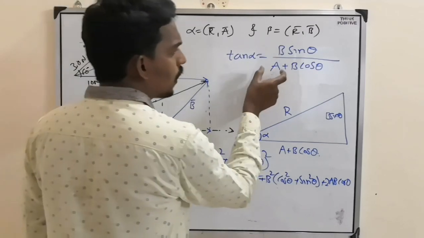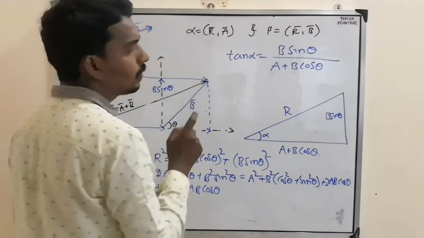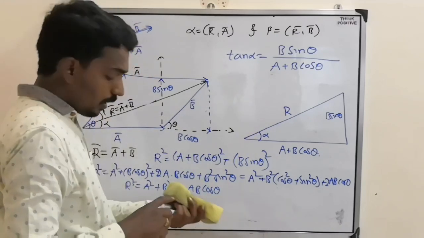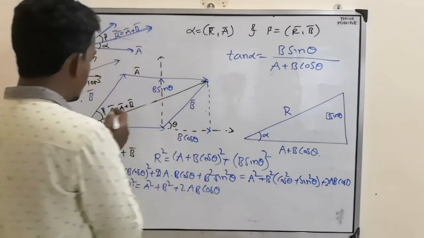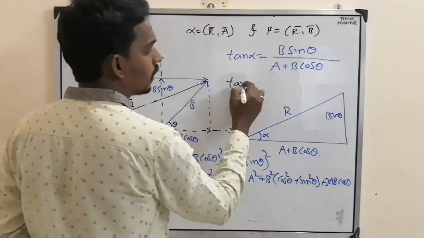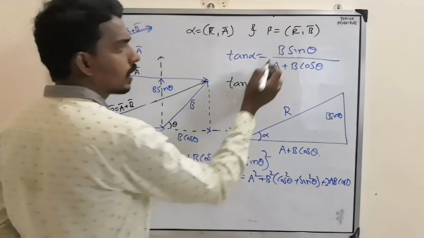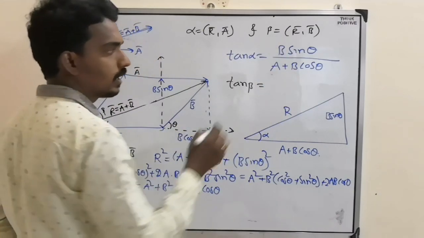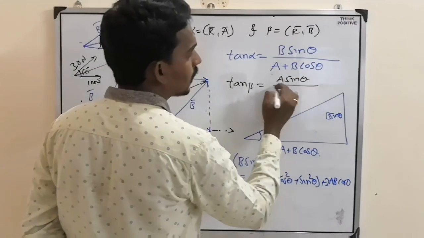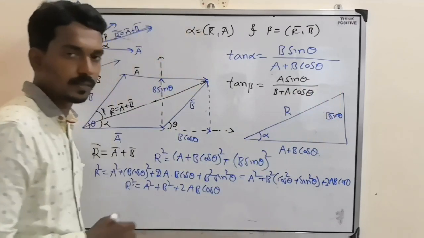So when you want to use this formula, you should understand that alpha is the angle between resultant and A bar, not B bar. If suppose you want to remember the angle between R bar and B bar formula, just simply, tan beta equal to, if you remember this formula, write in place of B as A, in place of A, B. Then A sin theta by B plus A cos theta.